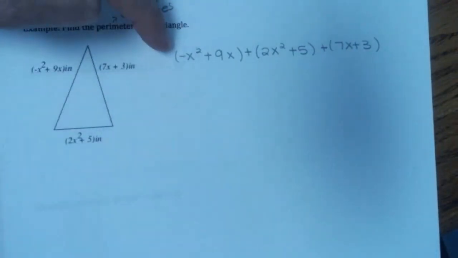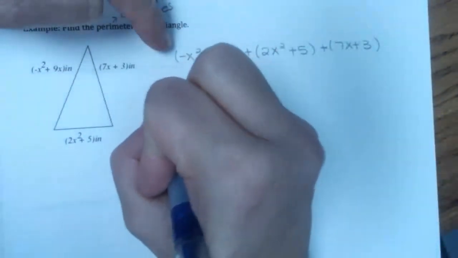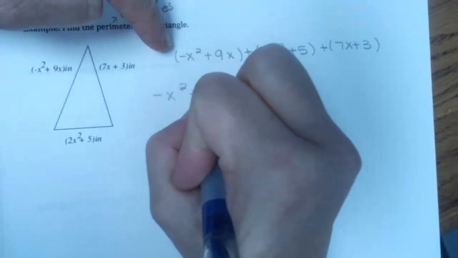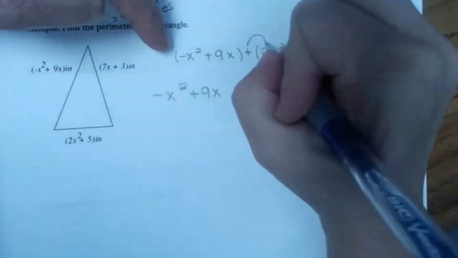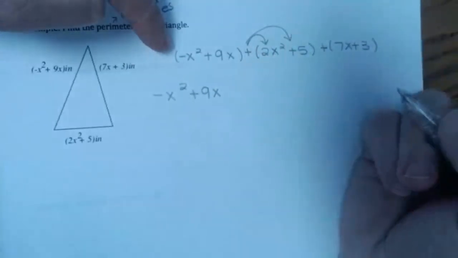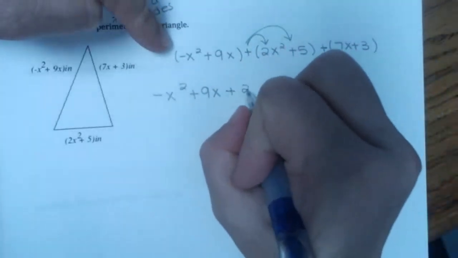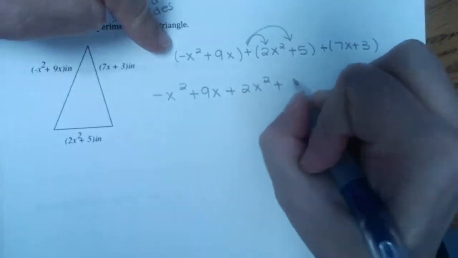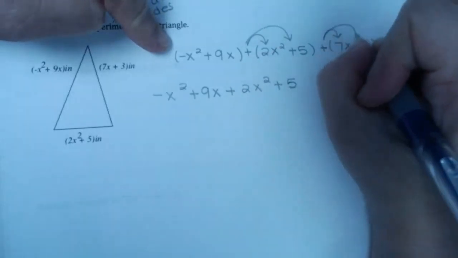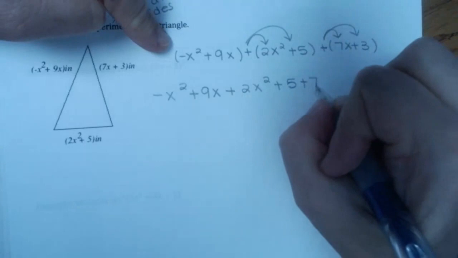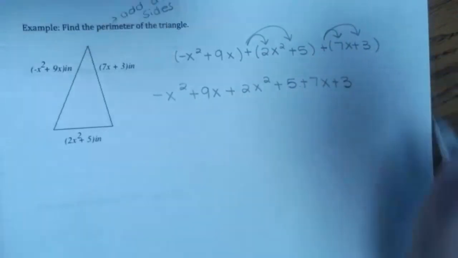There's nothing besides a positive 1 outside this first set of parentheses to distribute, so it'll stay negative x squared plus 9x. Likewise, there's nothing besides this positive 1 to distribute, but if I distribute just to stay consistent, a positive 1 will give us positive 2x squared plus 5. Likewise, distributing this positive 1, it'll stay plus 7x plus 3.